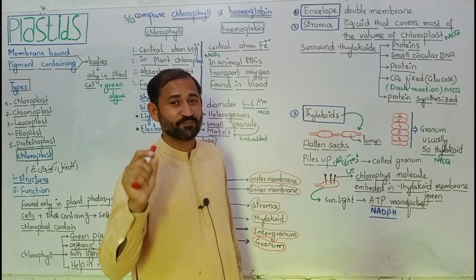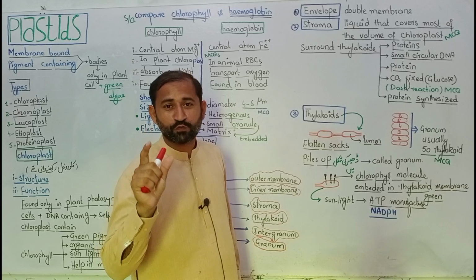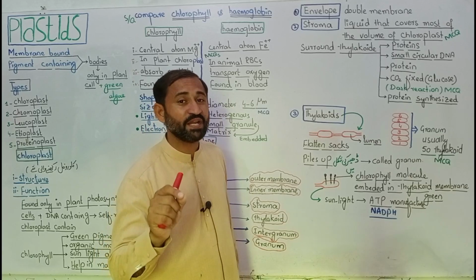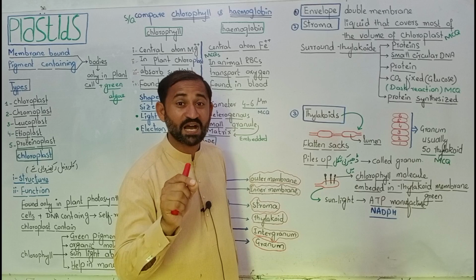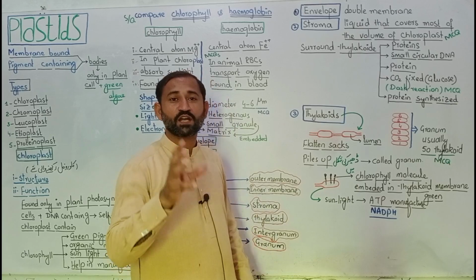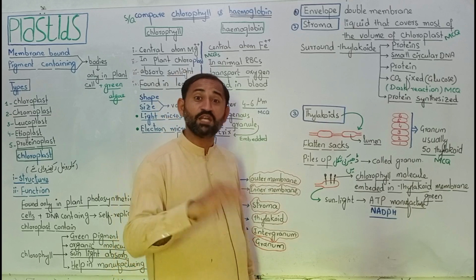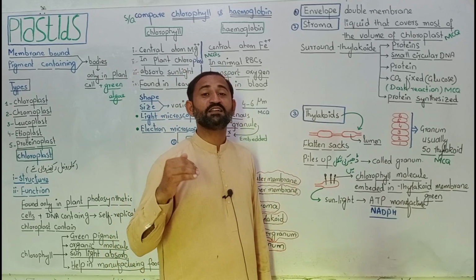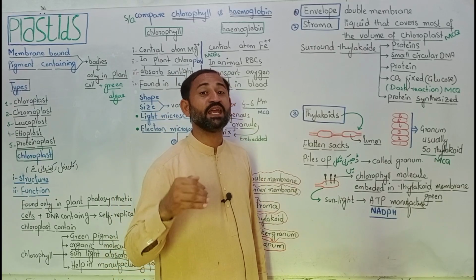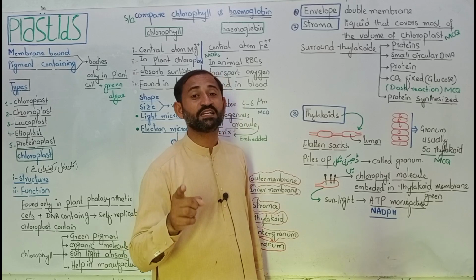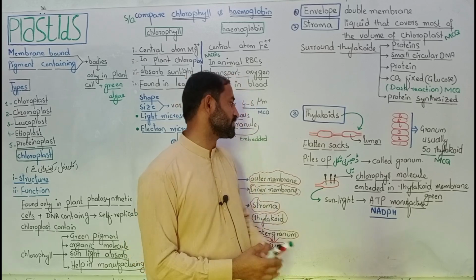Once again, chlorophyll molecules are embedded in the membrane of the thylakoid, where chlorophyll absorbs sunlight and converts it to synthesize ATP and NADPH, which are utilized in the dark reaction.